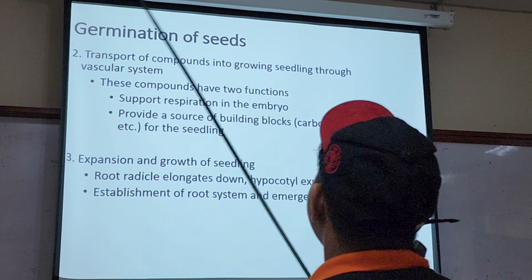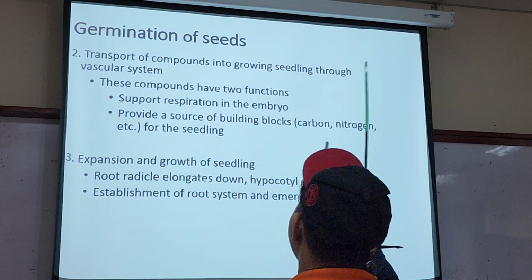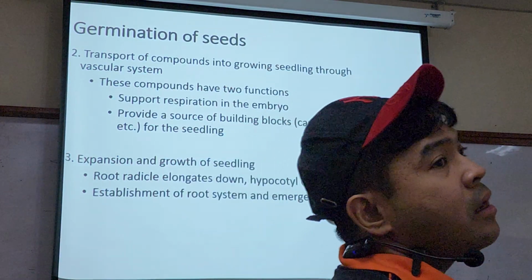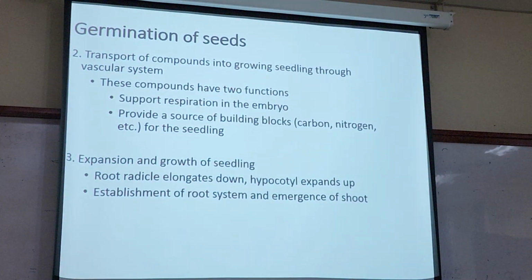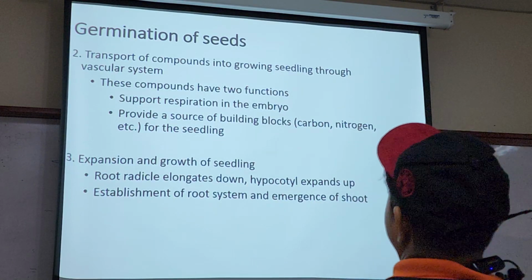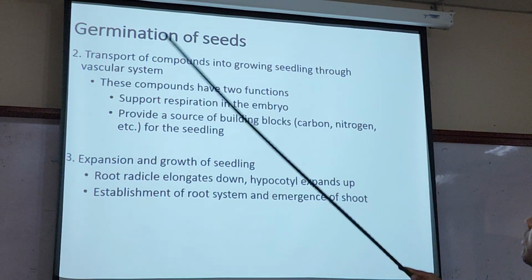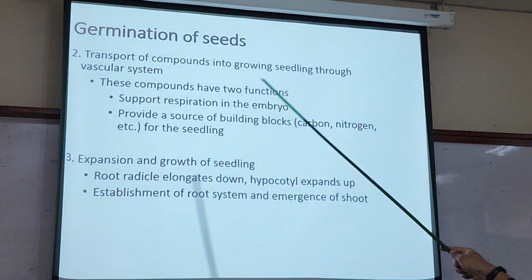And also it needs the building block, carbon, nitrogen for the seedling. The plumule, the leaf, the radicle, they are pretty much, I call CHO backbone. You know CHO? Not CHO, your friend. Carbon, hydrogen, oxygen. Pretty much CHO. And you also need it for the expansion and growth of the seedling.